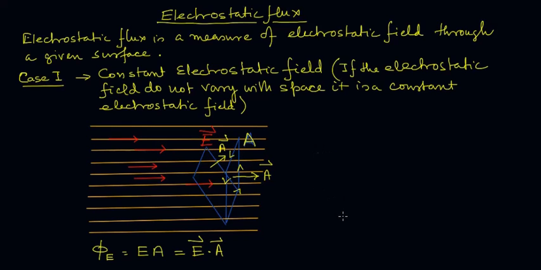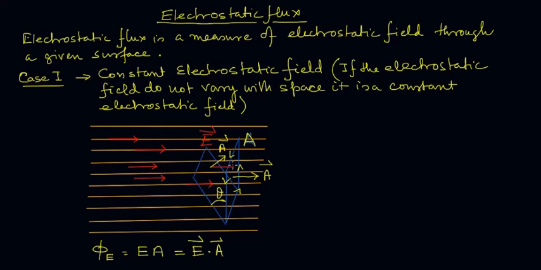Now in this case the electric field doesn't change. So what's the angle between the initial area and the new area? The magnitude of the area is the same because we have rotated the same area by an angle theta. So this angle is theta. Now the direction of the electric field remains the same.